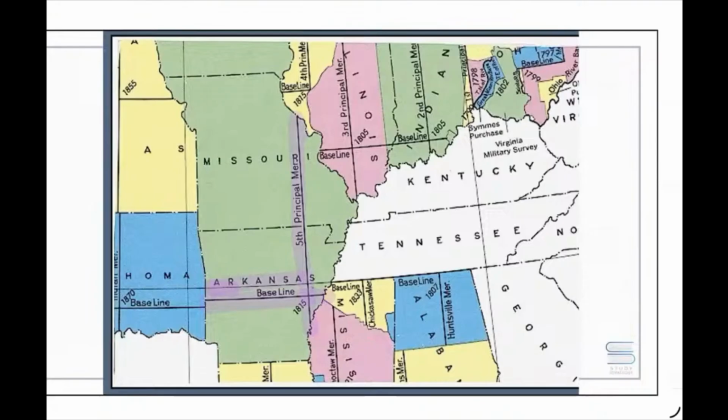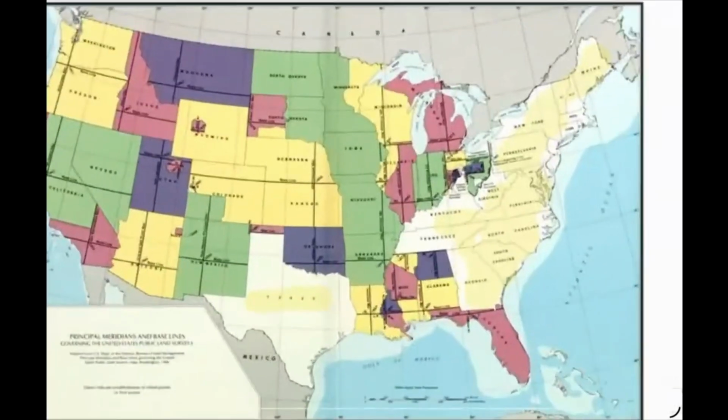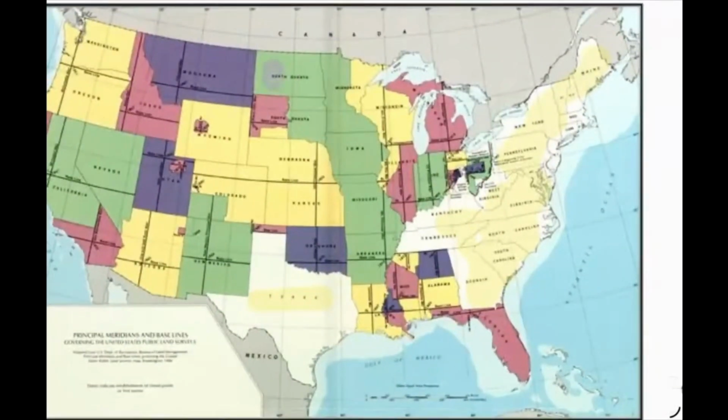And where these two places meet, every piece of land in this green swatch is described by how far it is from where these two lines meet. So if you look here, that's all of this.